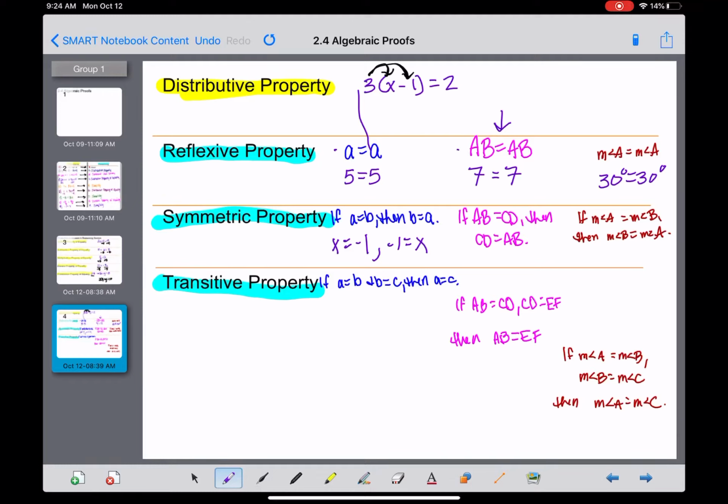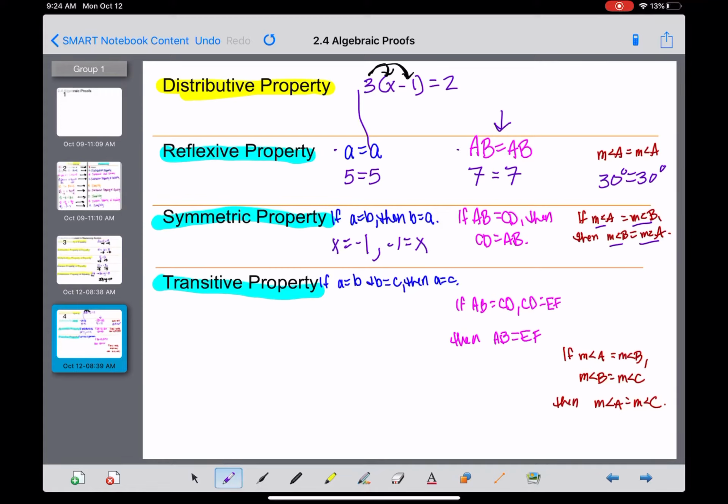The same holds true with segment lengths. So if I know segment AB is the same as CD, that's the same as saying CD is the same as AB. It doesn't matter which is written first in the equation. Same holds true with angles. If the measure of angle A is equal to the measure of angle B, I'm allowed to reverse that and say the measure of angle B is equal to the measure of angle A.